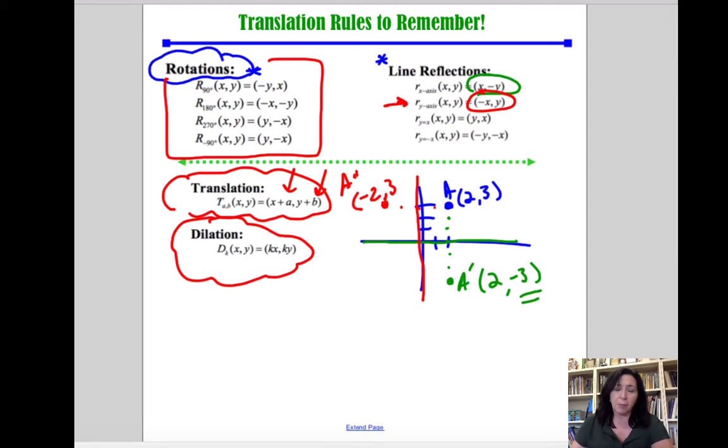So if it's multiplying by a number that's greater than 1, then you're actually expanding it. It's getting bigger. If you multiply by a number less than 1, like a half or something like that, that's contracting, so that's smaller. So I would like you to really memorize these here.